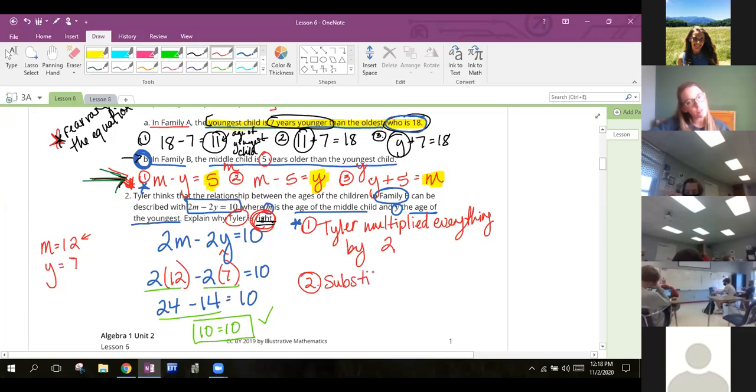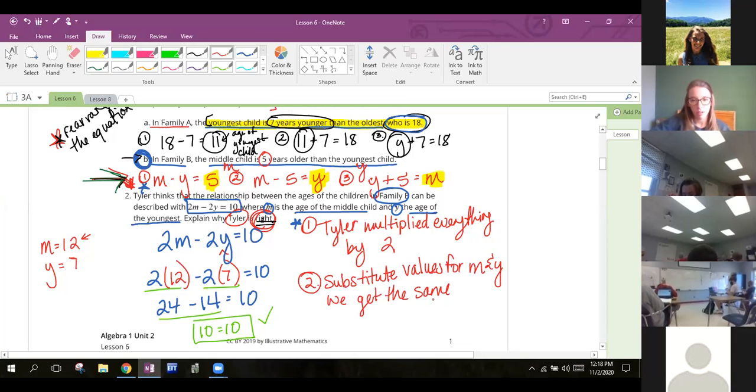So if we substitute values for M and Y, we get the same solution. All right, so there's 2 different ways you could have thought about that.